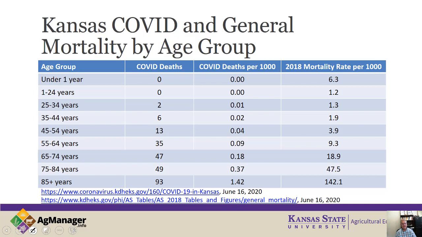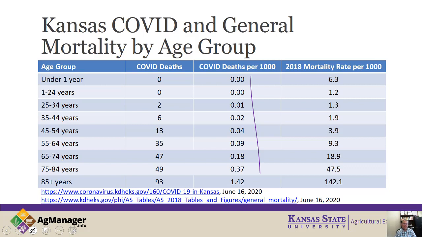is the death rate per thousand. One of the things to look at is that all these numbers in Kansas are obviously quite a bit lower than they are for the mortality rate per 1,000. And several of these are on the order of 1 in 100.